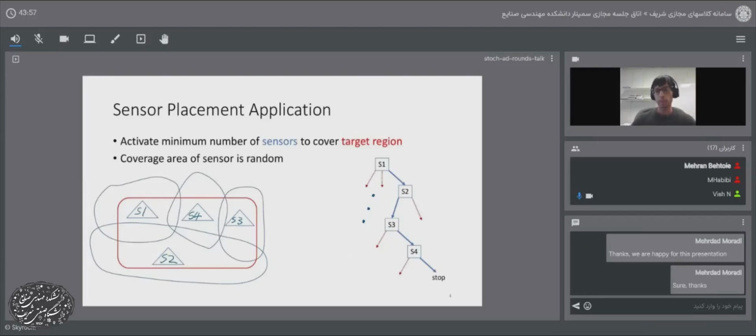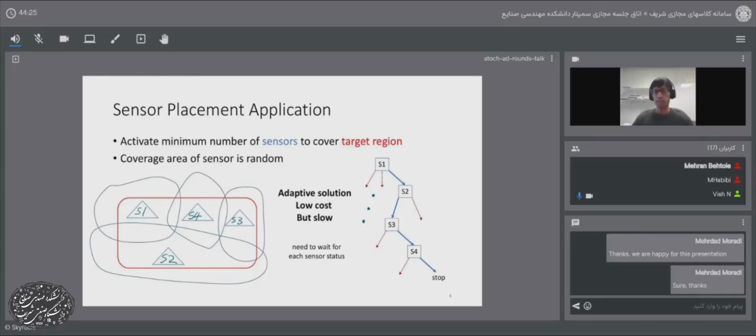And on this particular decision path, we have spent 4 sensors. So the objective is going to be minimize the expected number of sensors that we place before we end up covering the entire region. And of course, different decision paths, the stuff that would be branching out of this particular path, they might behave differently. We might have decided to place a different set of sensors along those decision paths.